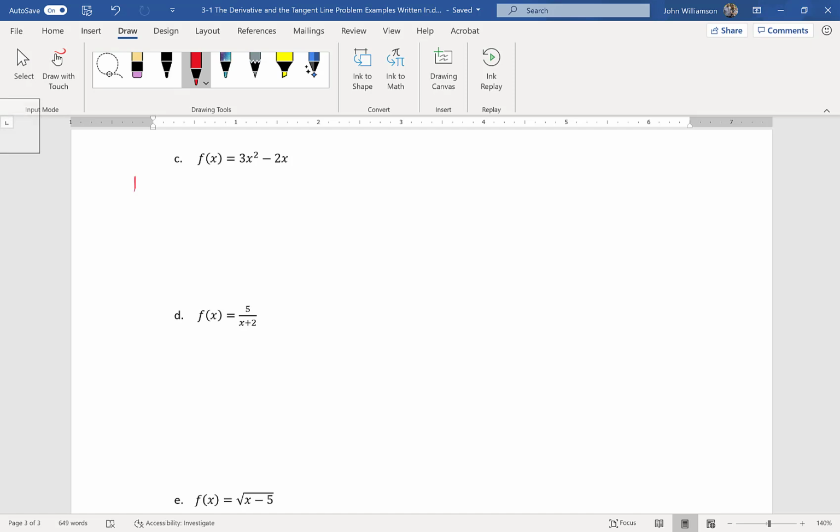So same idea. So f prime of x equals the limit as h is approaching 0 of 3 times x plus h, quantity squared now. So again, remember, it's f of x plus h. So remember, f prime of x equals limit as h is approaching 0 of f of x plus h minus f of x all over h.